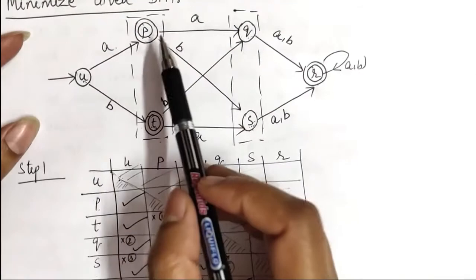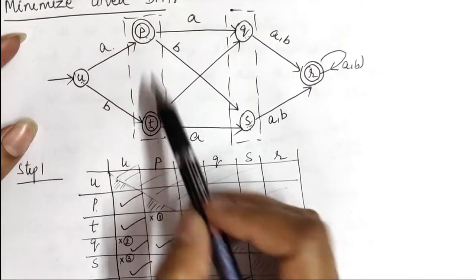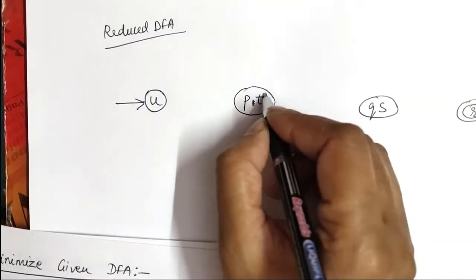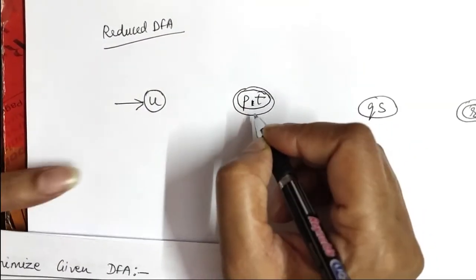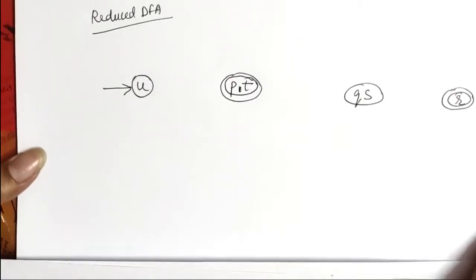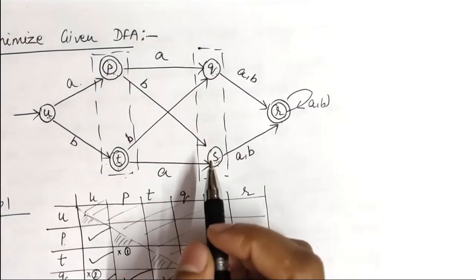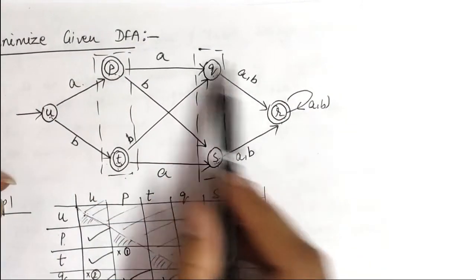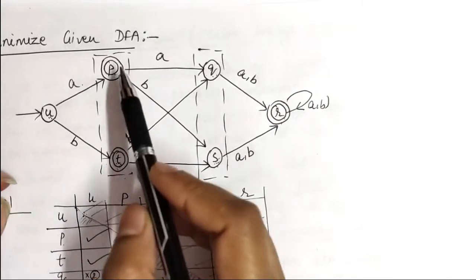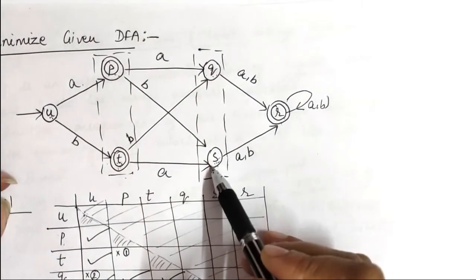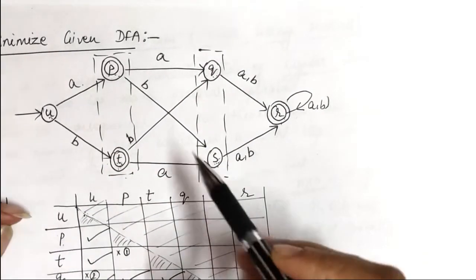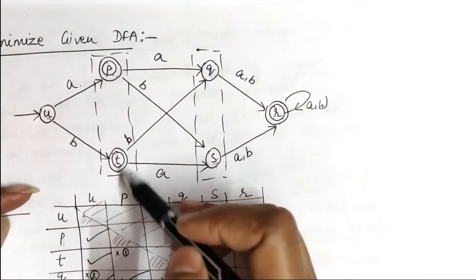But see here, P and T, these two states are final states. So we mark this PT, which is a new state, as a final state. Now we take the transition values from the given DFA. In the given DFA, P comma T and Q comma S remain in a single state, in which P and T are the final states.